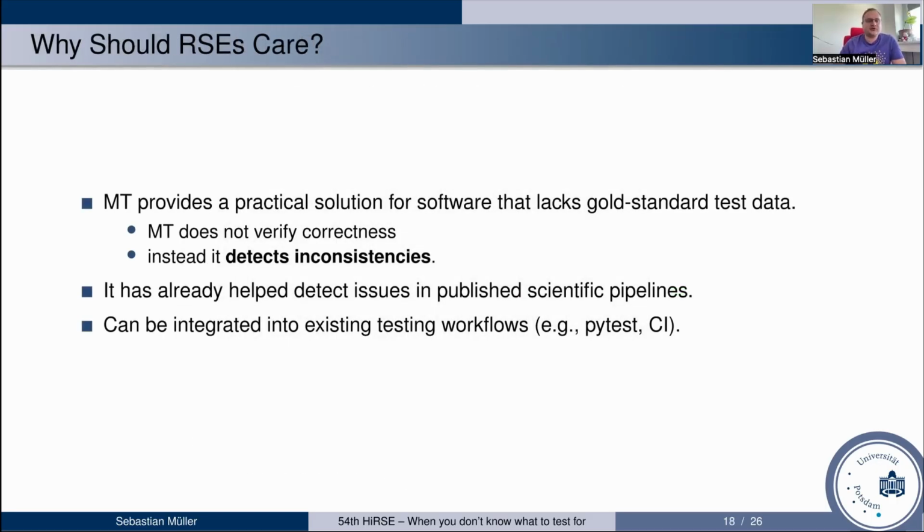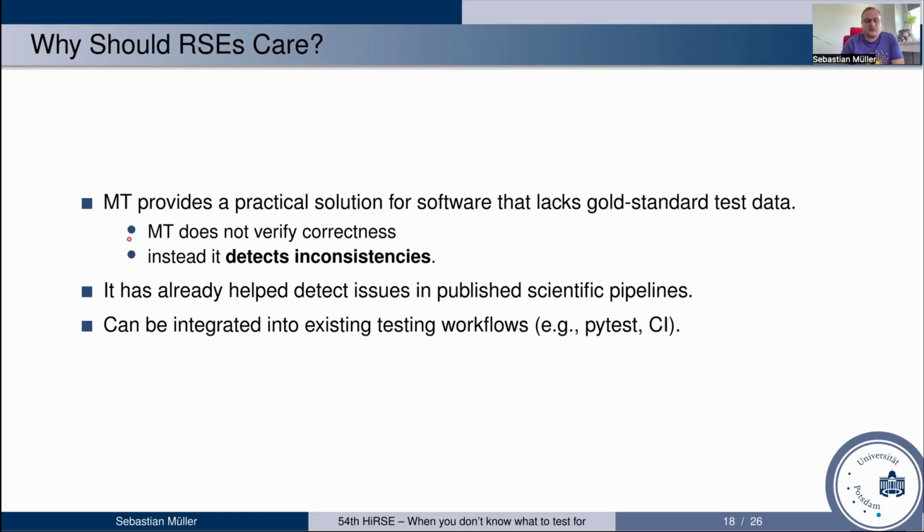So, what can we actually do with this approach? And why should you, as RSEs, indeed care about this approach? When we're talking about metamorphic testing, we are talking about a practical solution that sidesteps this oracle problem, that sidesteps this problem for software that particularly lacks this gold standard test data, or that lacks this idea of an attainable oracle.